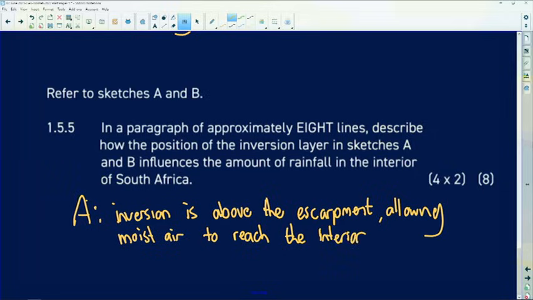We can also mention this: lastly, moist air can reach the interior, which might result in rainfall.